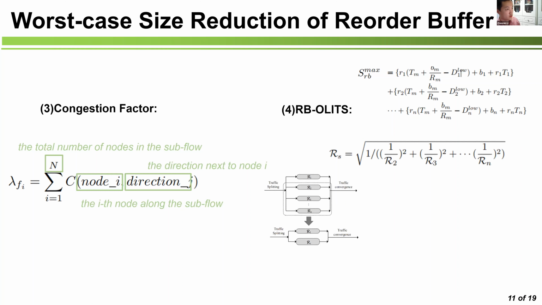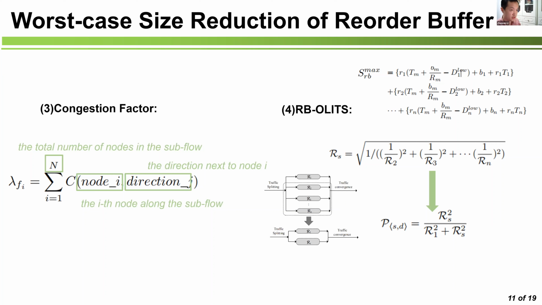Based on the observation when we previously derived the equation for the worst case reorder buffer size, we find that both the items Ri and Ti contain the factor rho, which is the splitting proportion of the subflow, indicating that the worst case reorder buffer size may be affected by the square of the congestion factor.